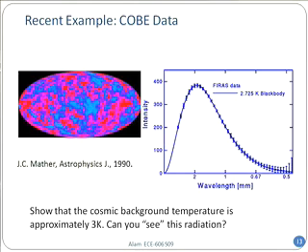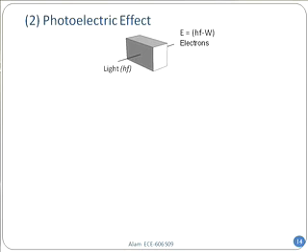Now, the second experiment was the photoelectric effect. What is the photoelectric effect? If you take a semiconductor and shine a flashlight on it, you will see that electrons, like popcorn, are getting out of that material.